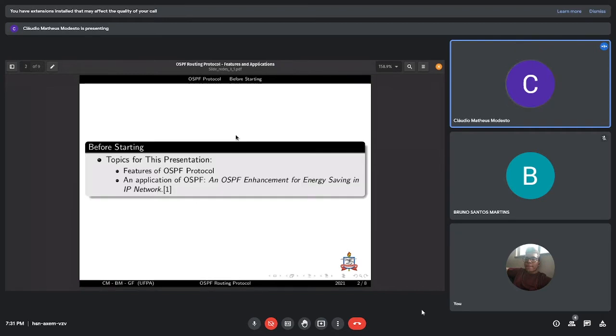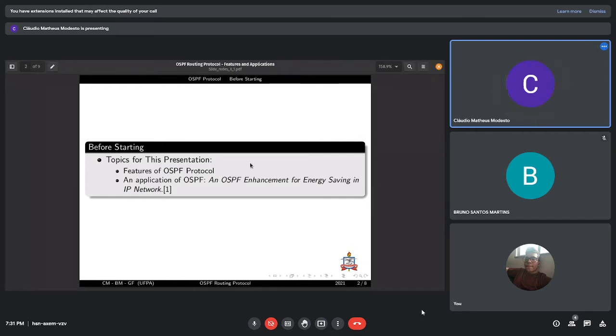This presentation has the intention to show the most important topics about the OSPF routing protocol. For this, the approach was based on two proposals: explaining in general lines the basis of this protocol, and showing an application using this routing protocol.